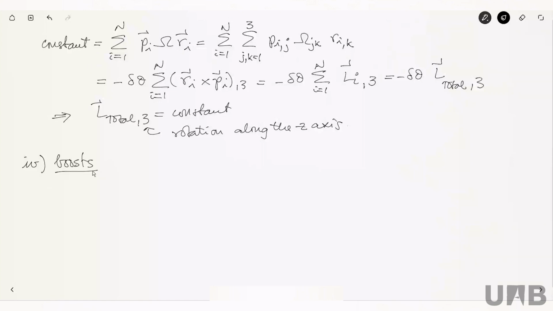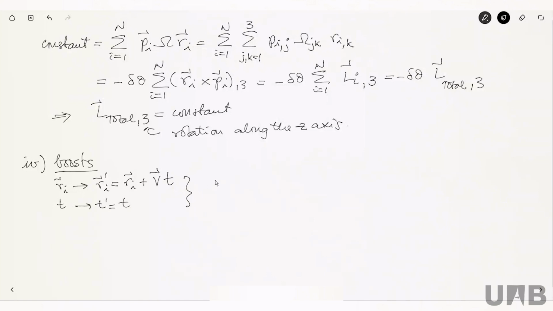So a boost, we take each particle and we change it into what it was plus a constant velocity v times t. And time, we don't change. We leave it the same.